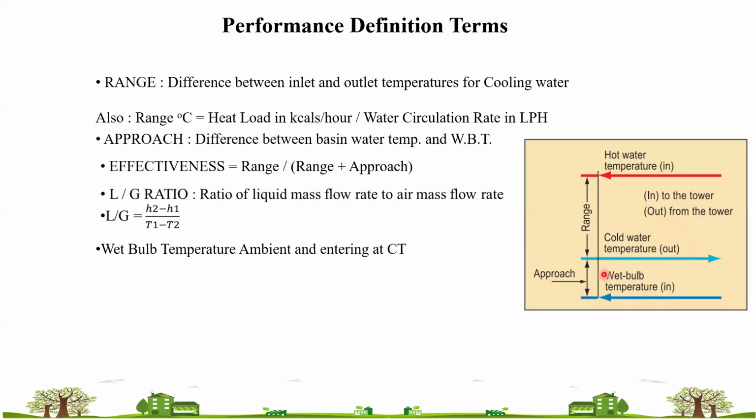You could cool that water to 25 degrees Celsius, but it's not possible due to the lower size of the cooling tower, or not proper circulation of the water flow as required. Those can be reasons for a bad approach, but the approach can be minimal.